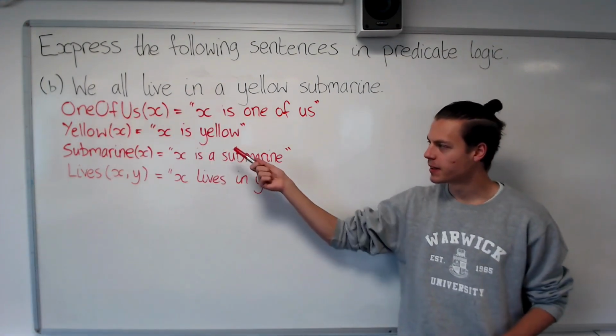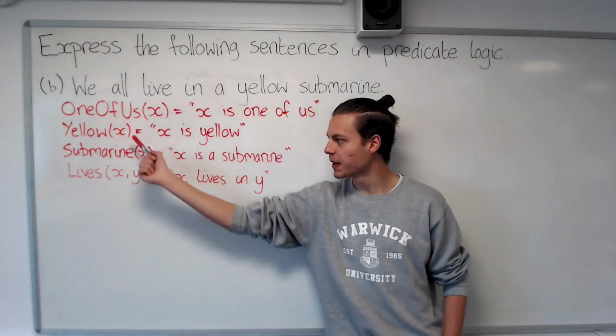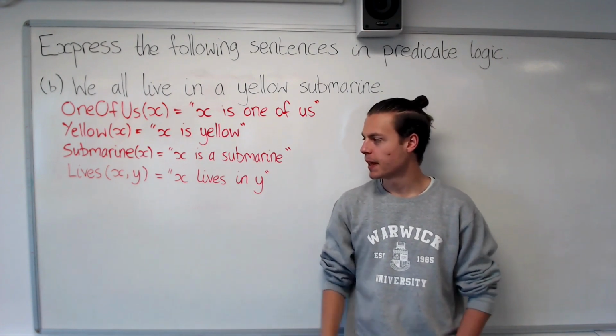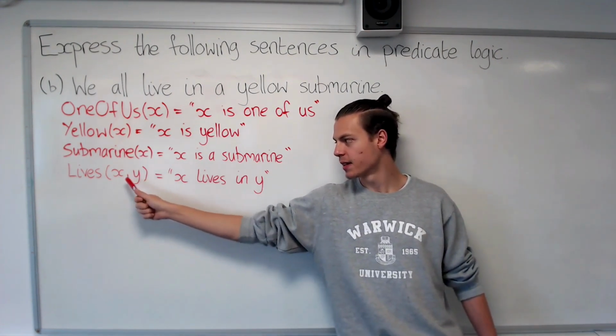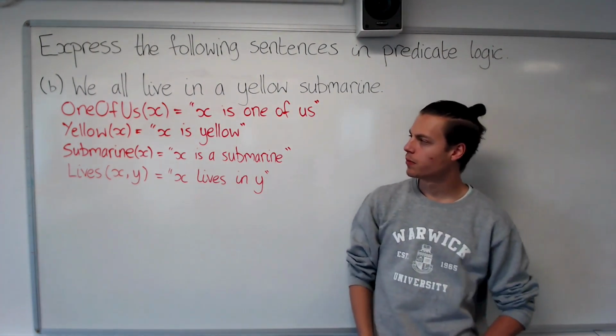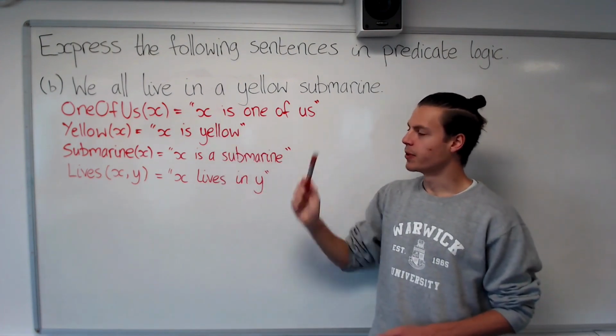So these predicates express X is yellow, right? That's yellow of X. Submarine of X expresses X is a submarine, and lives of X, Y expresses X lives in Y. Okay, so now we can try to write this sentence. So we all live in a yellow submarine.